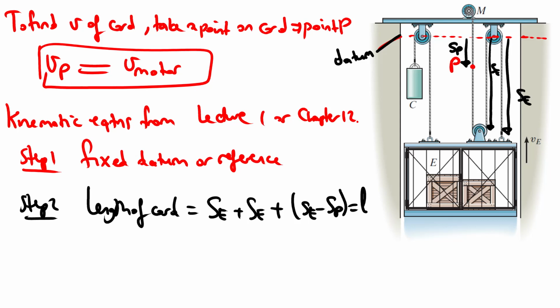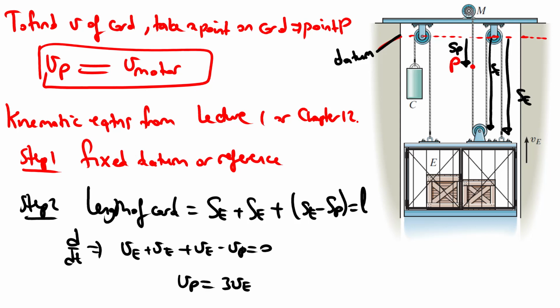Then if I take d by dt, it will be VE plus VE plus VE minus VP is equal to 0. And from here, VP is 3 times VE. As you can see, SE is downwards and VE is upwards.